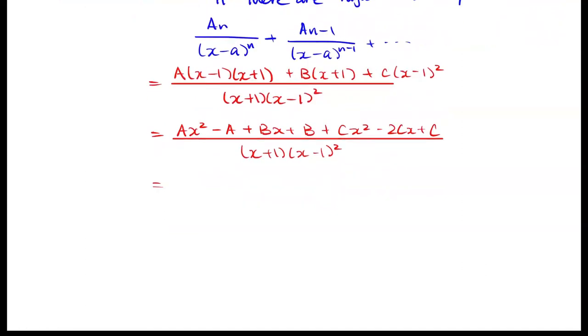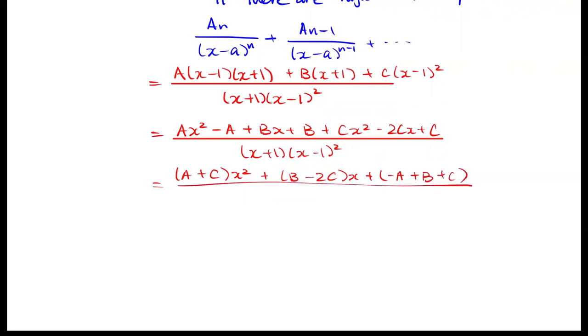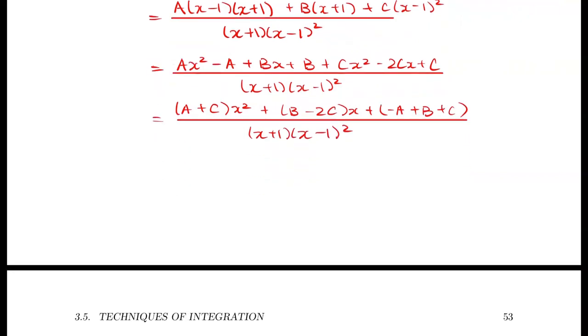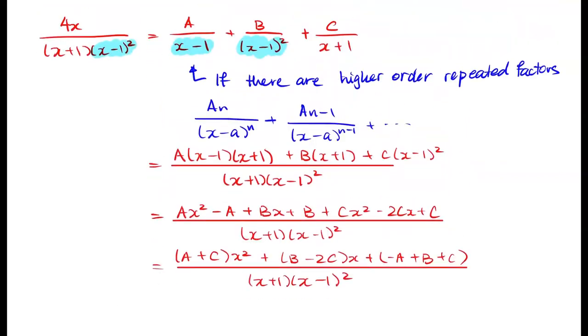And then grouping everything together, we will just get a plus c x squared plus b minus 2c x plus minus a plus b plus c. All of this is divided by x plus 1, x minus 1 squared. And now we would just have to compare the coefficients.